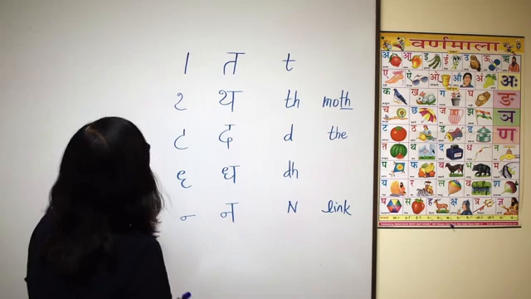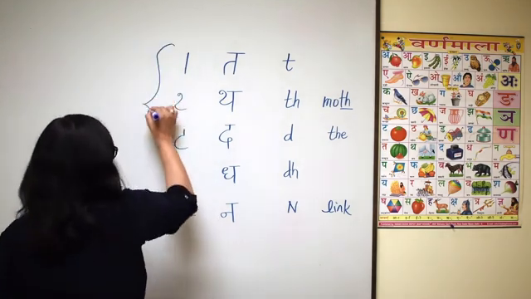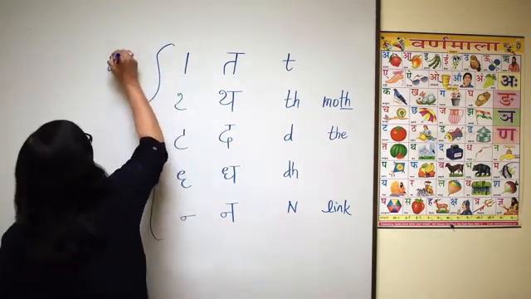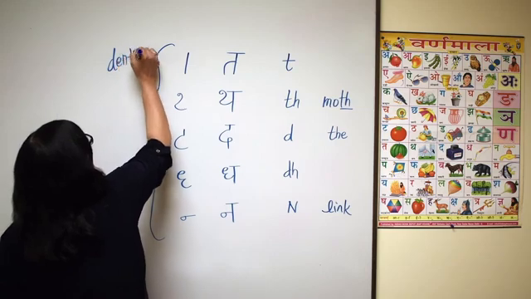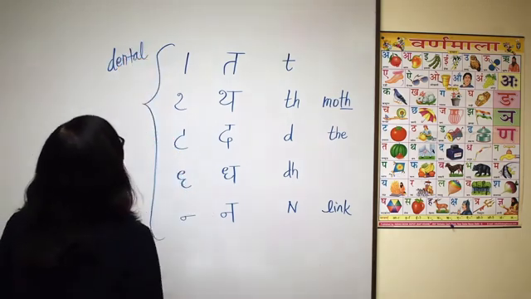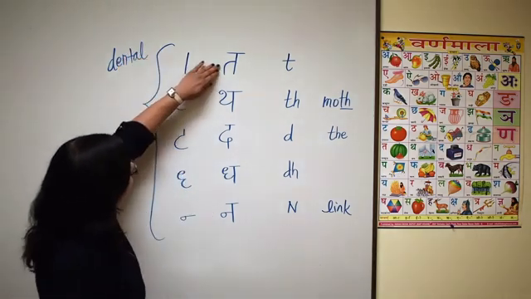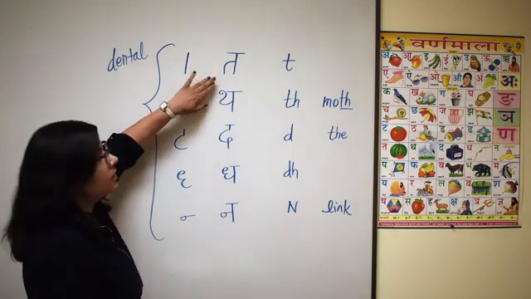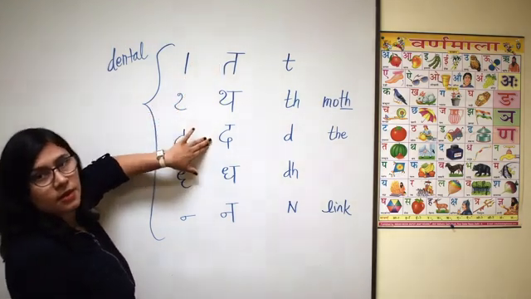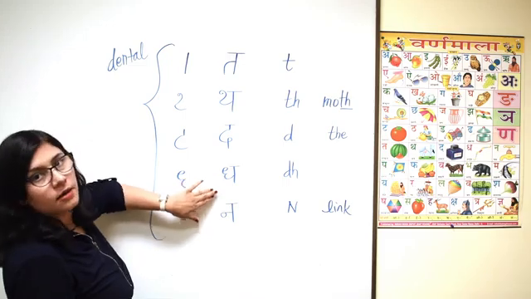Okay, so these are our dental consonants. Okay, we use our teeth to make them, and to review, ta, tha, da, dha, na.